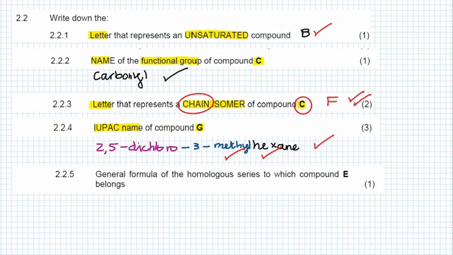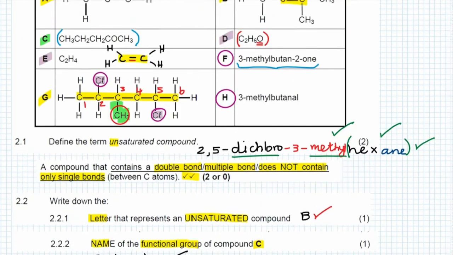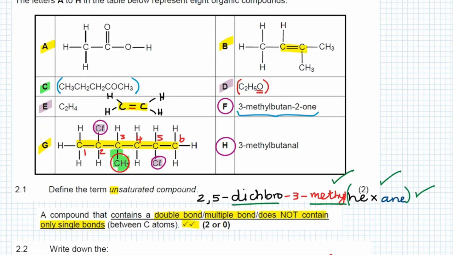Question 2.2.5 says, write down the general formula of the homologous series to which compound E belongs. So we go up to our table and we see compound E. Fortunately, we've already drawn out the structural formula for compound E. We see that it is a hydrocarbon. That means it only contains hydrogen and carbon atoms.